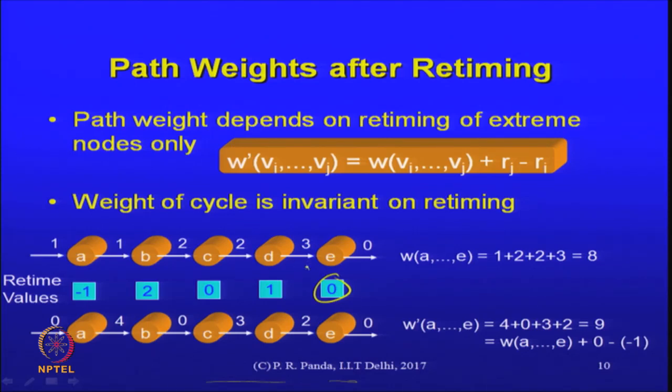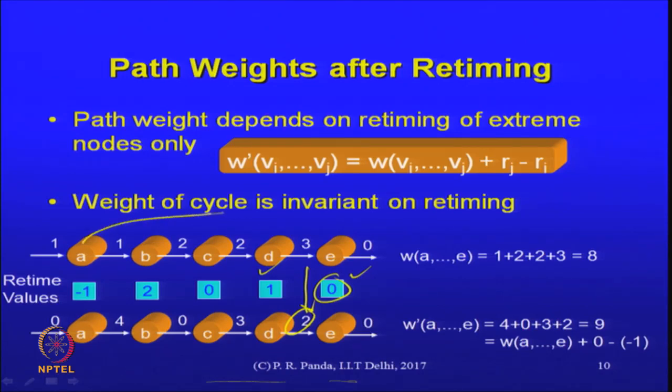This edge weight is influenced by these two retiming numbers, right. So, from the outside nothing is coming, but because D is 1, you are taking one register away towards the input side. So, the new value is 2. Right. So, I can do this whole thing for all the nodes. So, I get some set of retimed register values. The question is, what is the new value for the path weight?